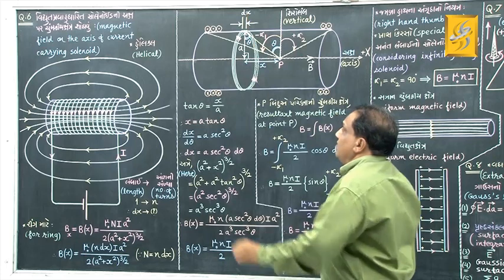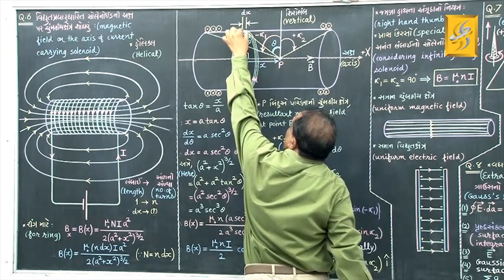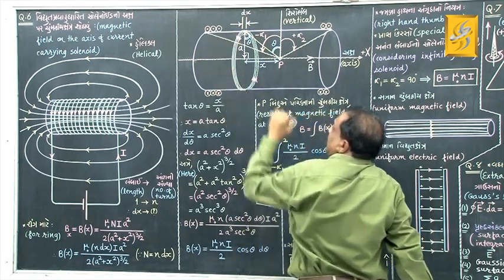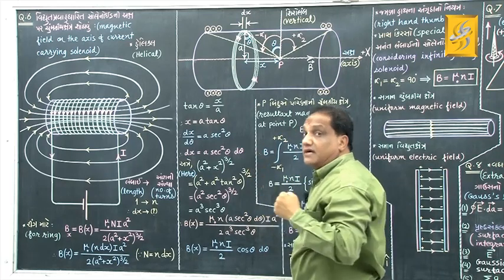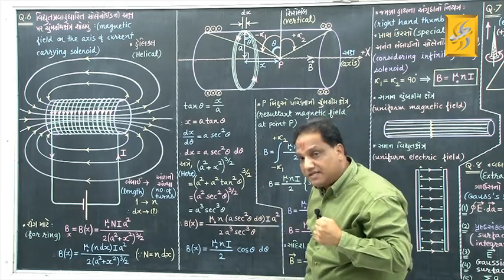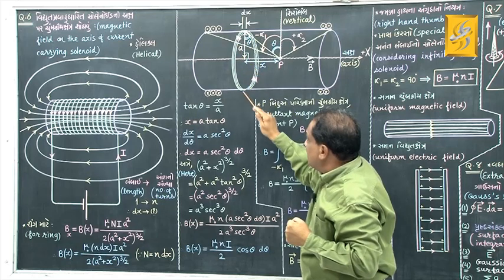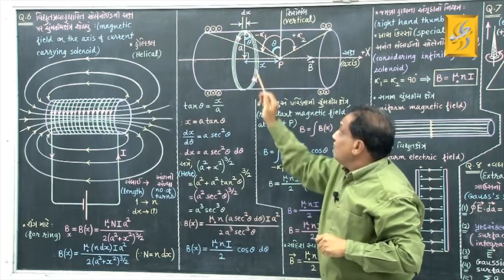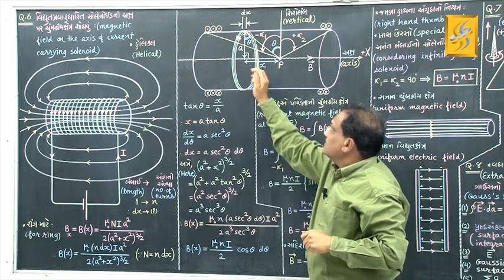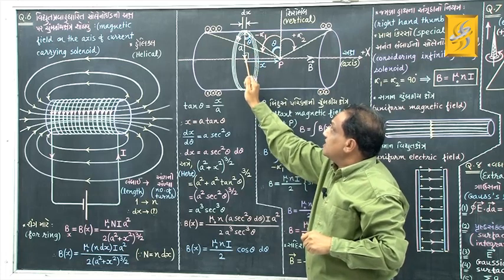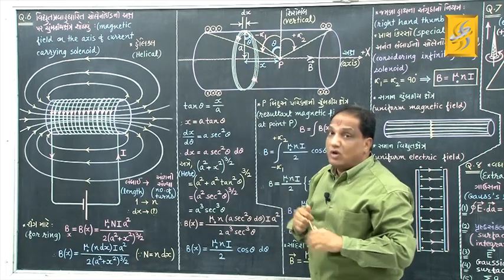Correct? Now, if you consider only this much thin part of that winding, it is as good as extremely thin current carrying circular ring. Correct? So, now take this part as current carrying circular ring. For this ring, look in the figure, this much is its radius. Let it be small a.